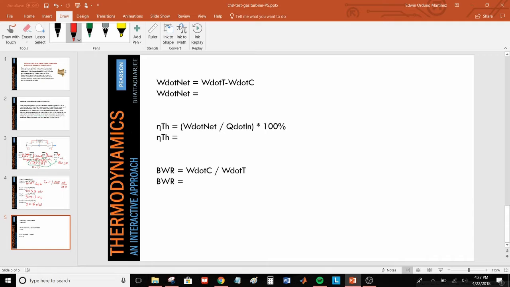The net power output is the power in the turbine minus the power in the compressor, which is given as 1795.5 kilowatts.